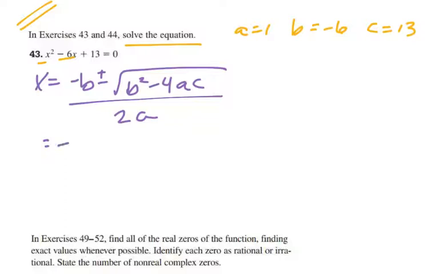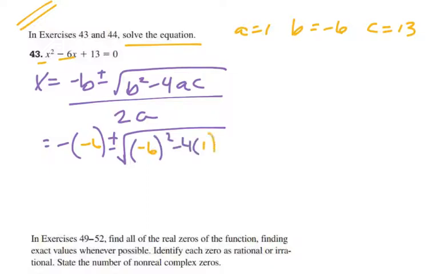We're going to have negative b, but b is negative 6, so positive 6. Then we'll have negative 6 plugged into b squared, minus 4 times 1 times 13, and that's going to be over 2 times a.